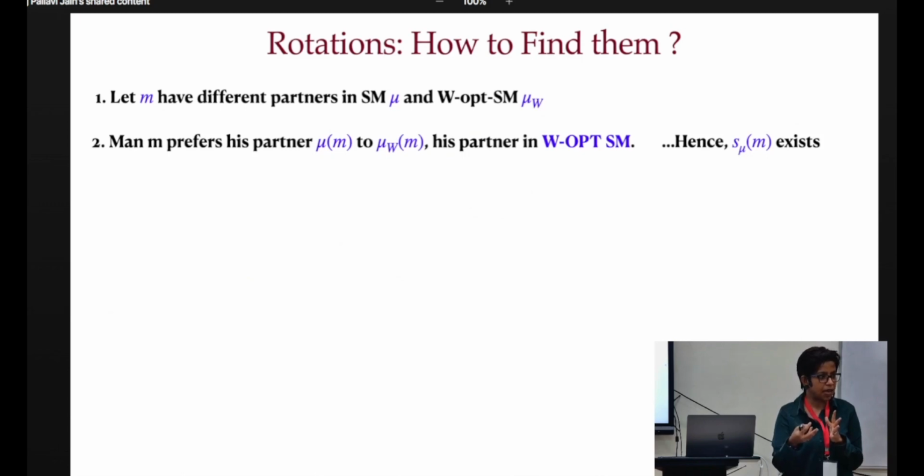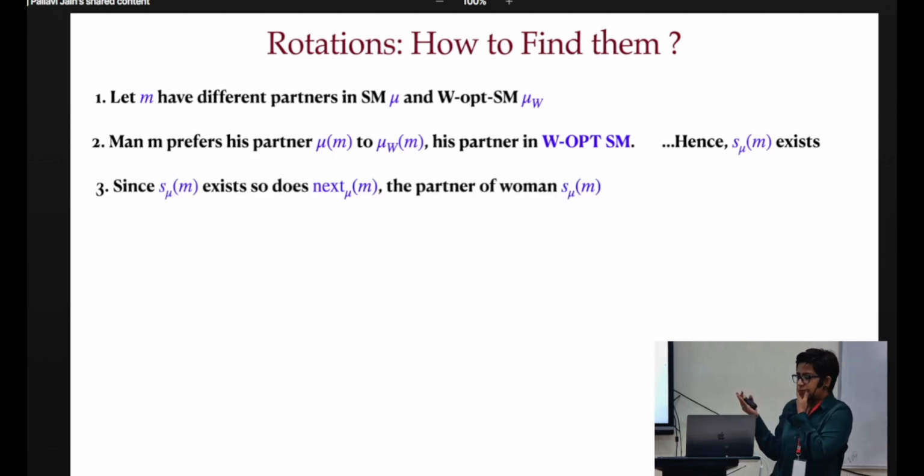For every man who has a different partner in the man optimal and woman optimal stable matching, his GS list consists of at least one woman who likes him more than her current partner. At the very least, it is his woman optimal stable matching partner. Maybe it could be somebody else, but at least she is there. So the successor person must be somewhere in between, so that at least the successor function is defined.